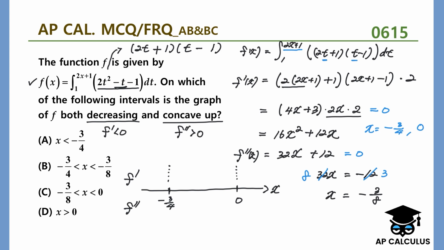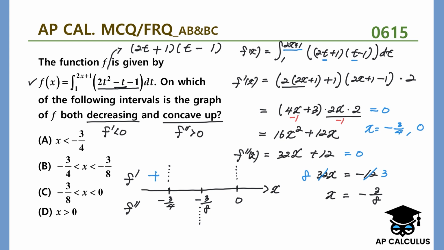F double prime is equal to 0 when x is equal to negative 3 over 8. So let's say here is negative 3 over 8. Okay, when x is negative 1, let's say x is negative 1 here, that's going to be negative times negative, right? So that's going to be positive here.